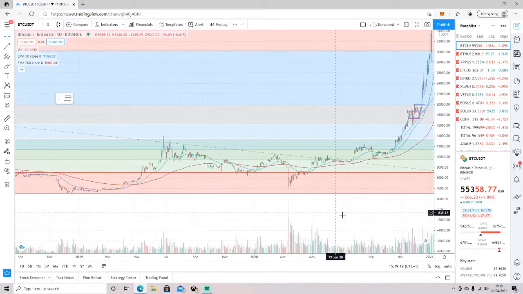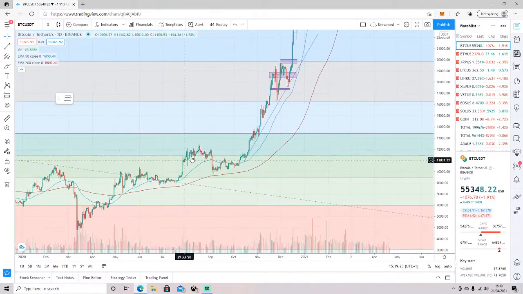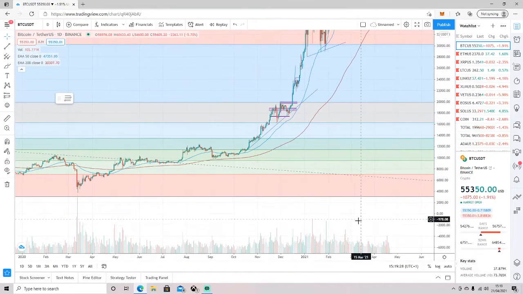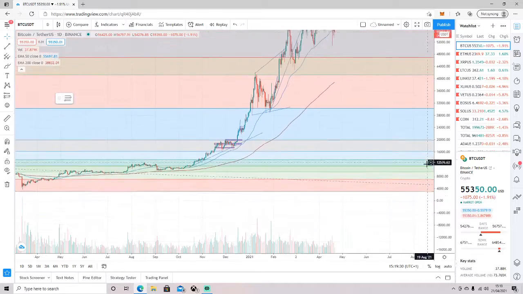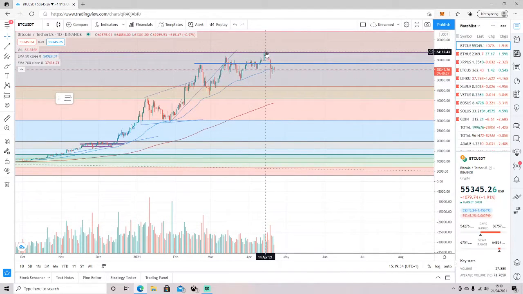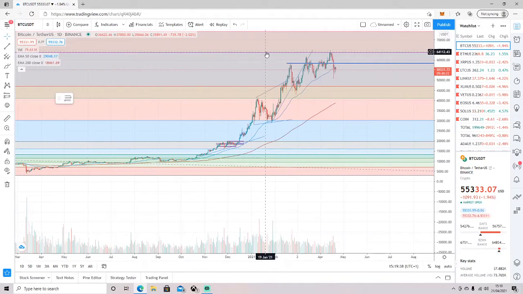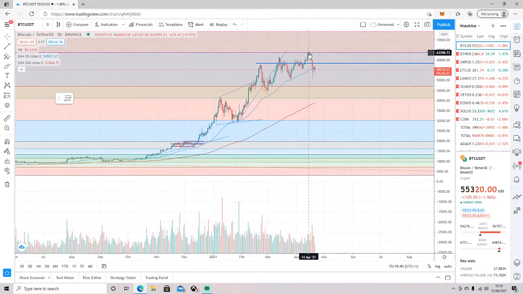I was just trying to give you an example of how it respects these levels. That's because people are buying and selling around these levels. Ignore all of this for a second, we'll go on to that in a minute. But as you can see, the last fib level that it touched was this top level here, which is the 3.618 level, and that's when it rejected.